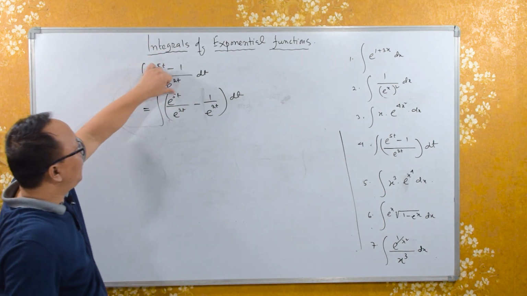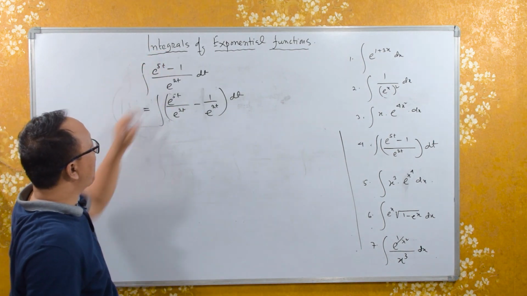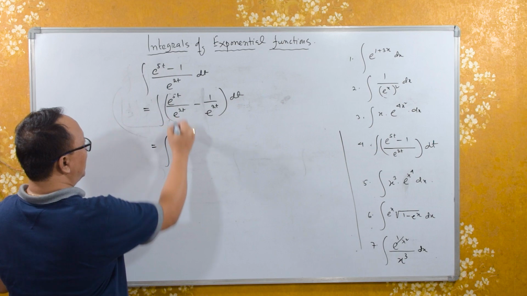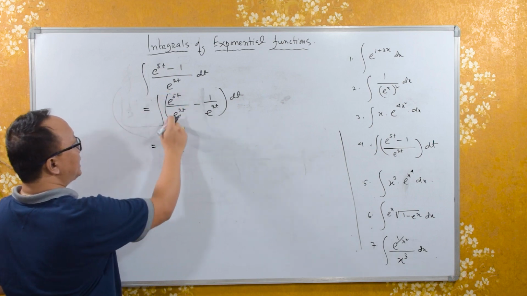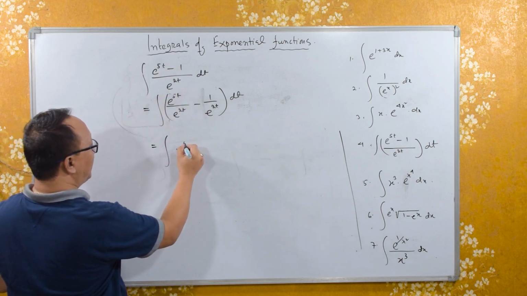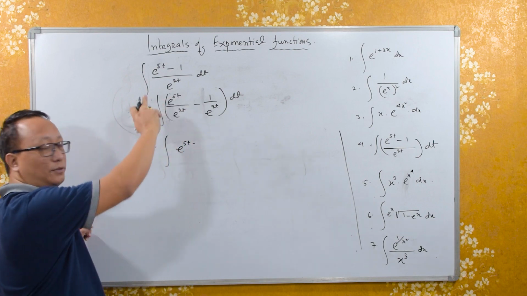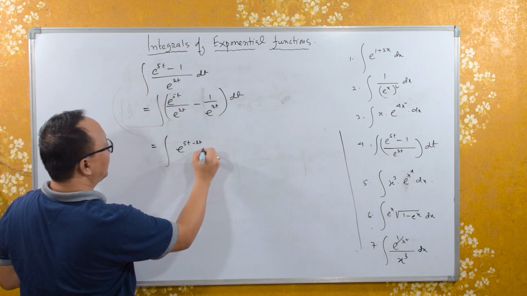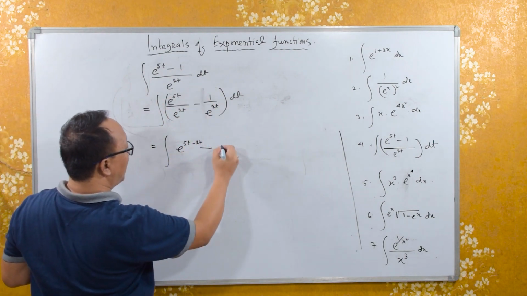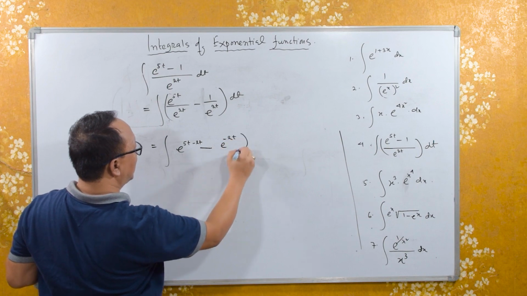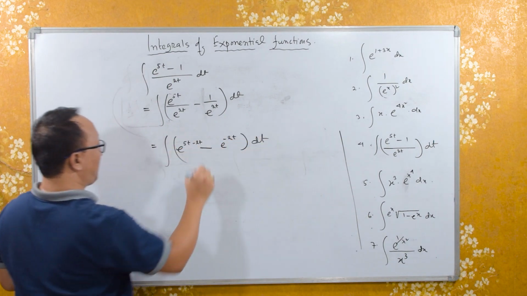Now I am separating this. The bases of e are the same, so e raised to 5t, it will be what? Minus 2t, this will come as minus 2t dt.